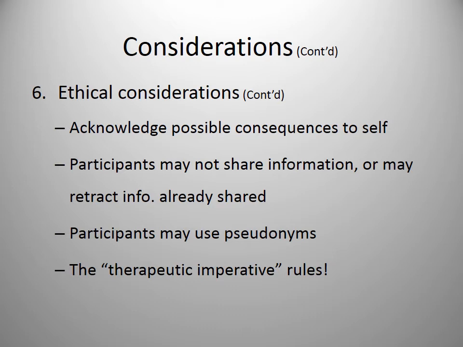I'm completely making this up, because they want to make sure to protect their confidentiality. And the therapeutic imperative rules, and what that means is that if something happens during this process that we feel the researcher or the participant is being psychologically harmed in any way, then it stops.